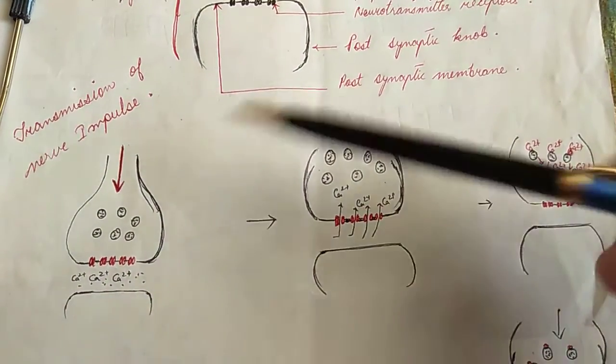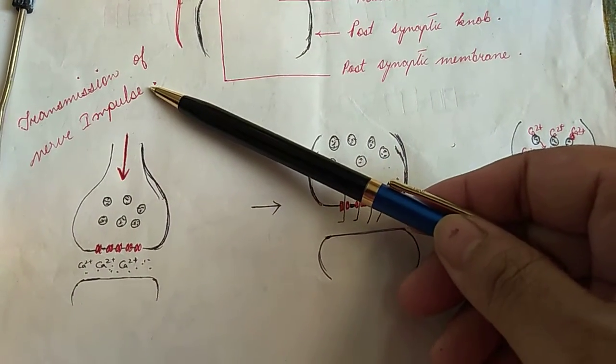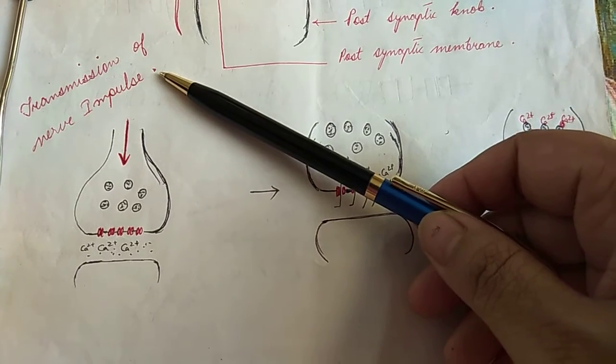Next, let us discuss transmission of nerve impulse through these synapses.